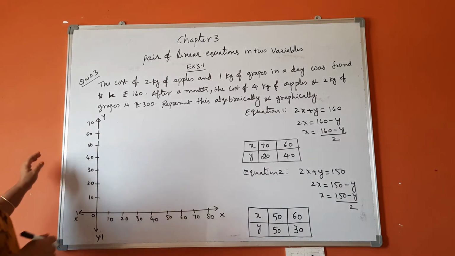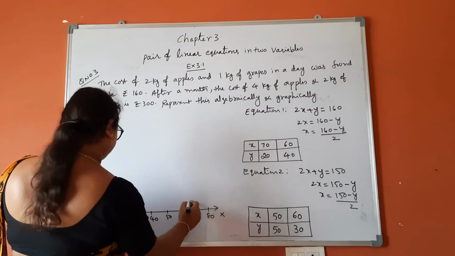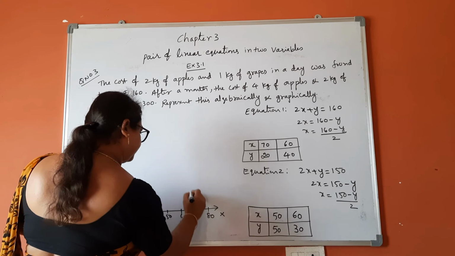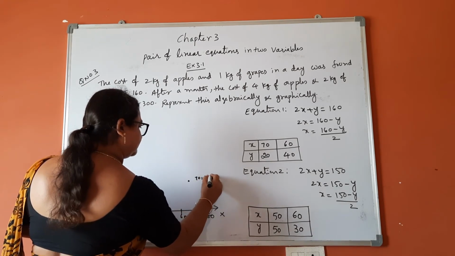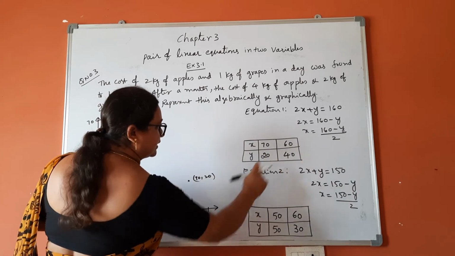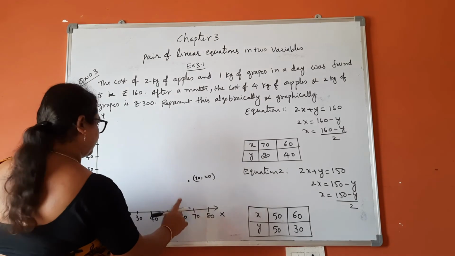Okay, for first equation, x is 70, y is 20. Second solution set, x is 60, y is 40.